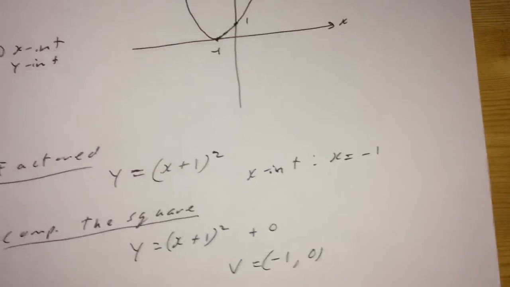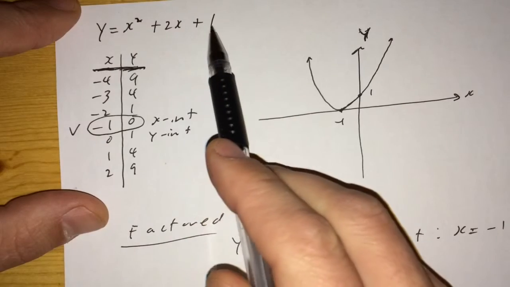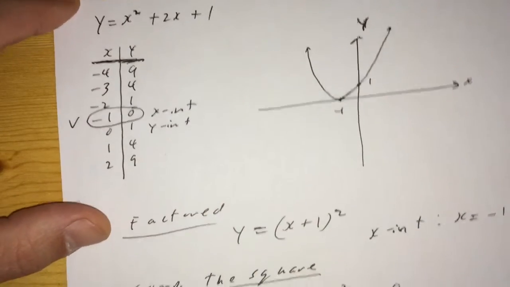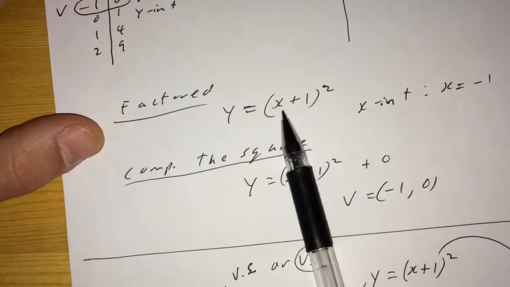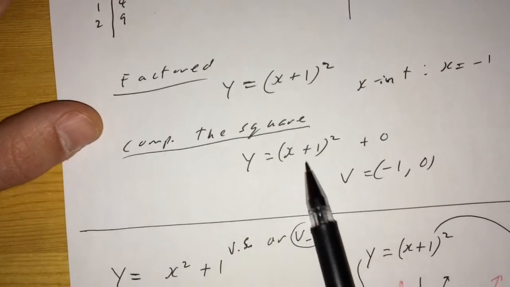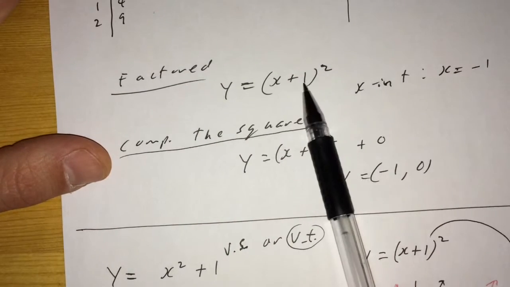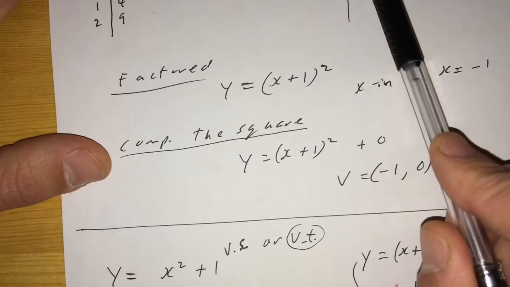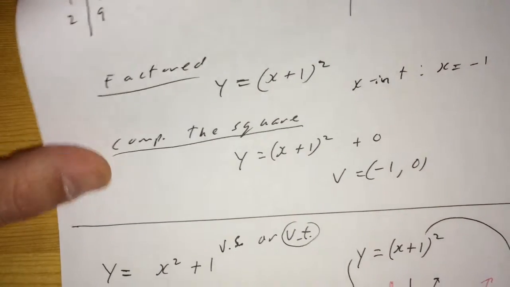Looking at this one here, we had this before: x squared plus 2x plus 1. When we take a look at the factored form and vertex form, completing the square, it's been moved to the left 1. So it's a horizontal translation to the left 1, and that's it.